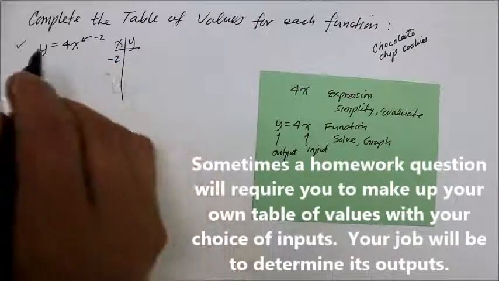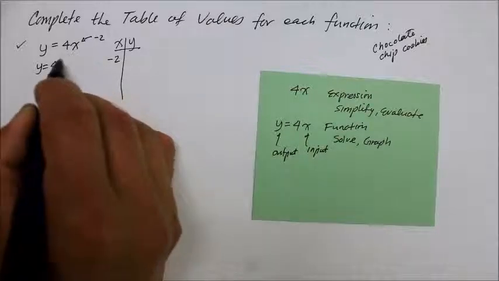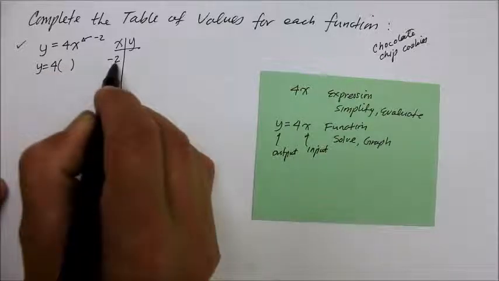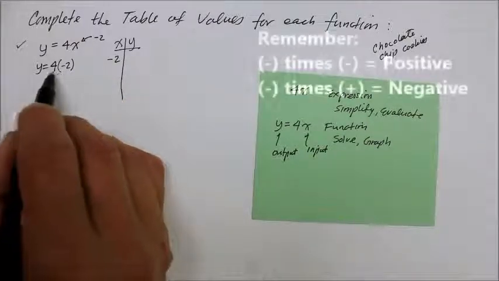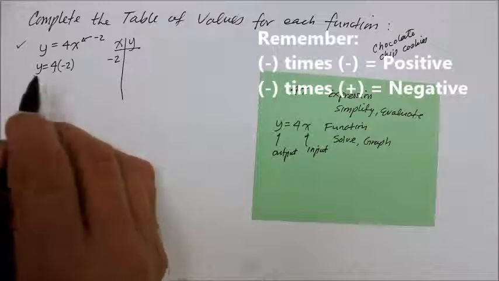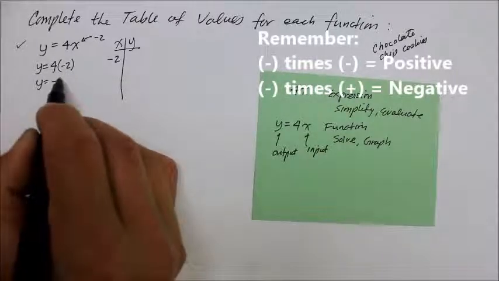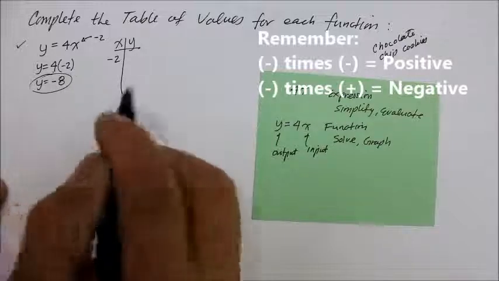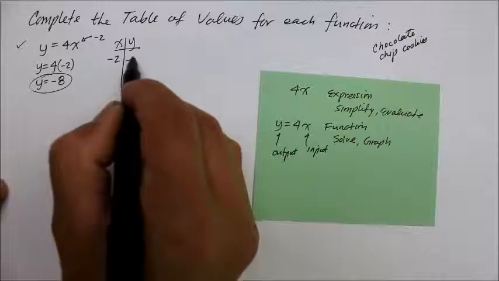Well, to figure that out, you just simply go y is equal to 4 times x, but where the x should be is now the input of -2. So 4 times -2, well, you know a positive times a negative will come out to be a negative number. And 4 times 2 is 8. So the input is -2, then the output becomes -8.